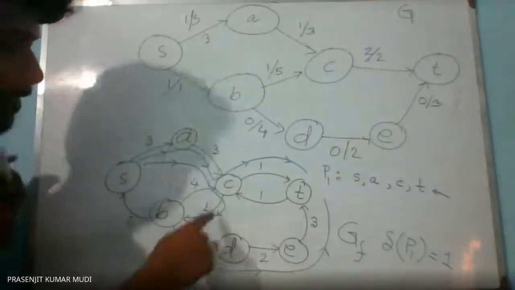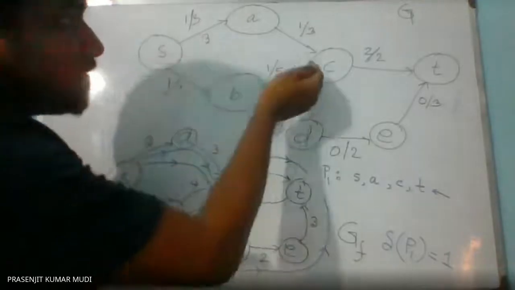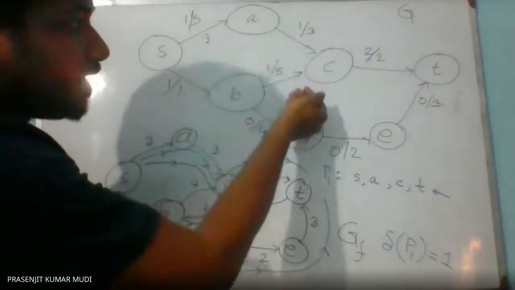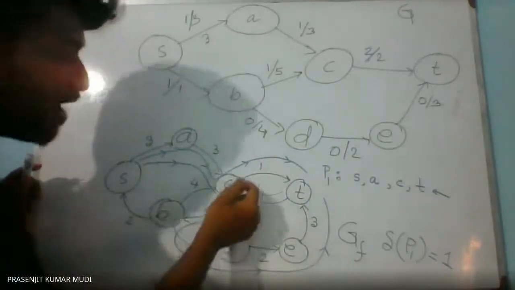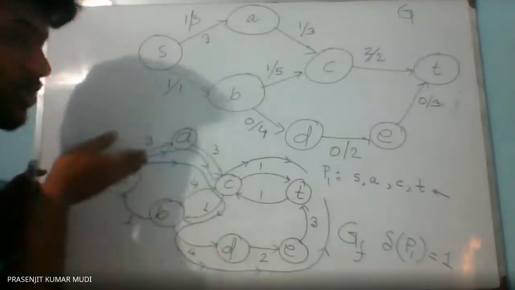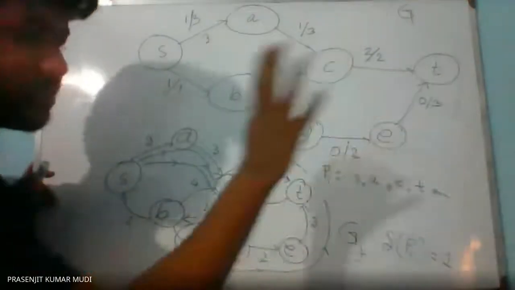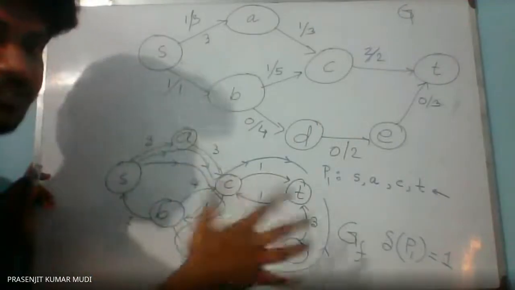So, I am very happy because ultimately, in the original flow network, there was no edge from C to B. But in the residual network, you can find a forward edge from C to B, and it may happen for any other edges also present in the residual. So in the residual network, you may have this kind of situation.